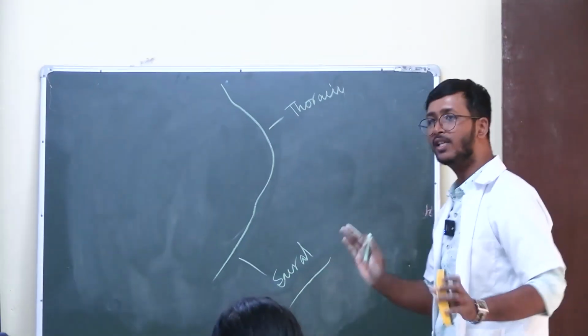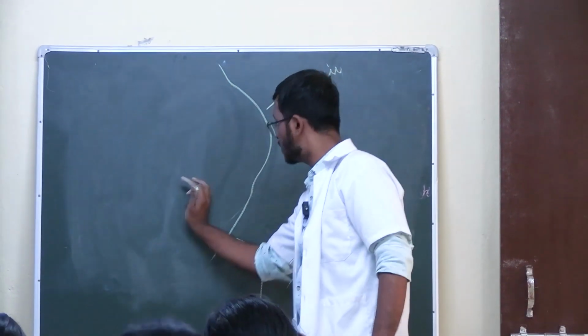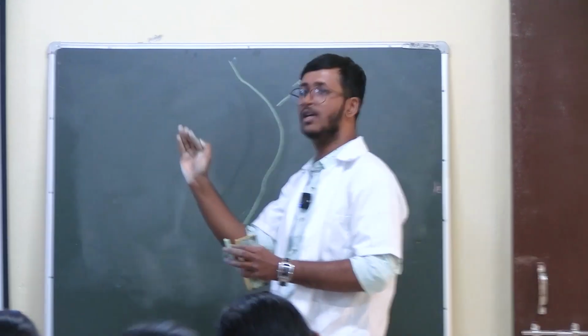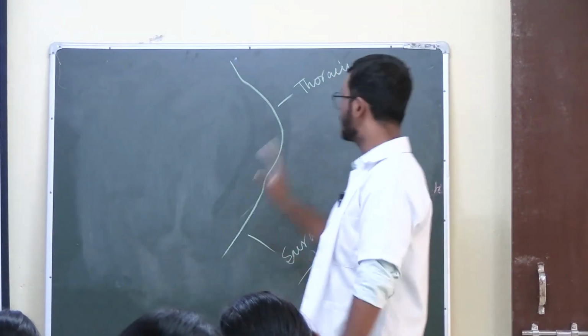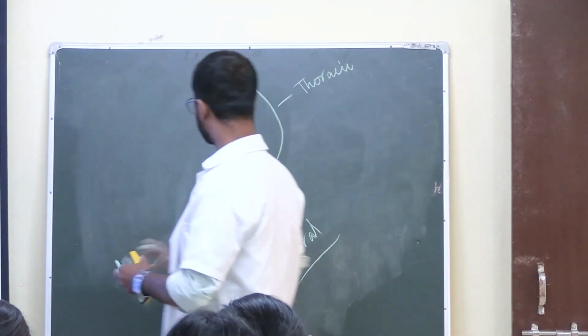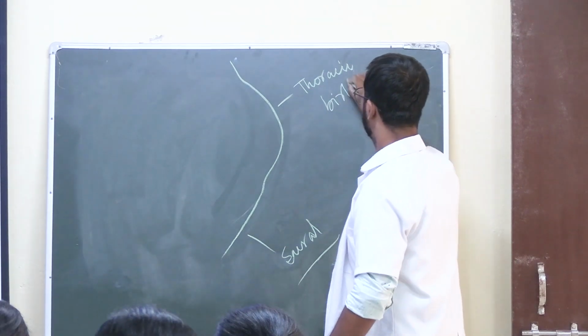So when a child is born, it has a primary curvature like this. You will see that a child usually stays bent like this. Their vertebral column is bent. This is the situation at birth.